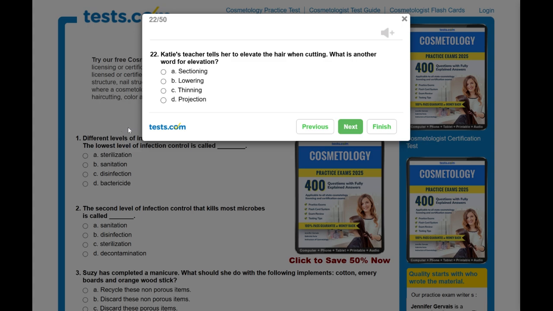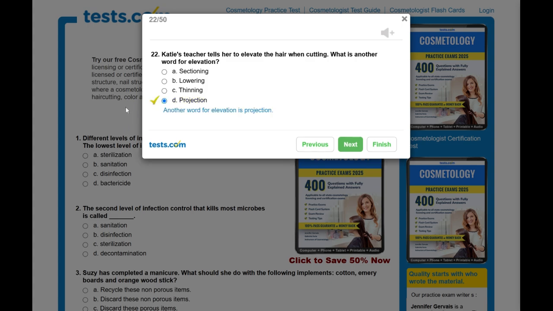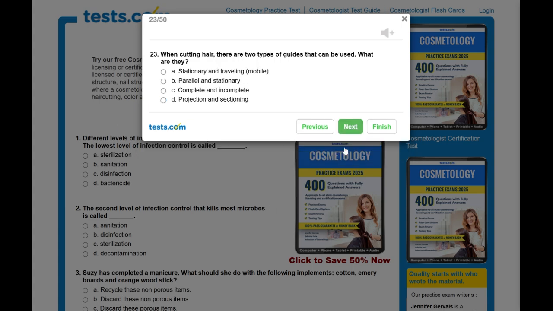Question 22. Katie's teacher tells her to elevate the hair when cutting. What is another word for elevation? A. Sectioning. B. Lowering. C. Thinning. D. Projection. D. Projection. Another word for elevation is projection. Question 23.